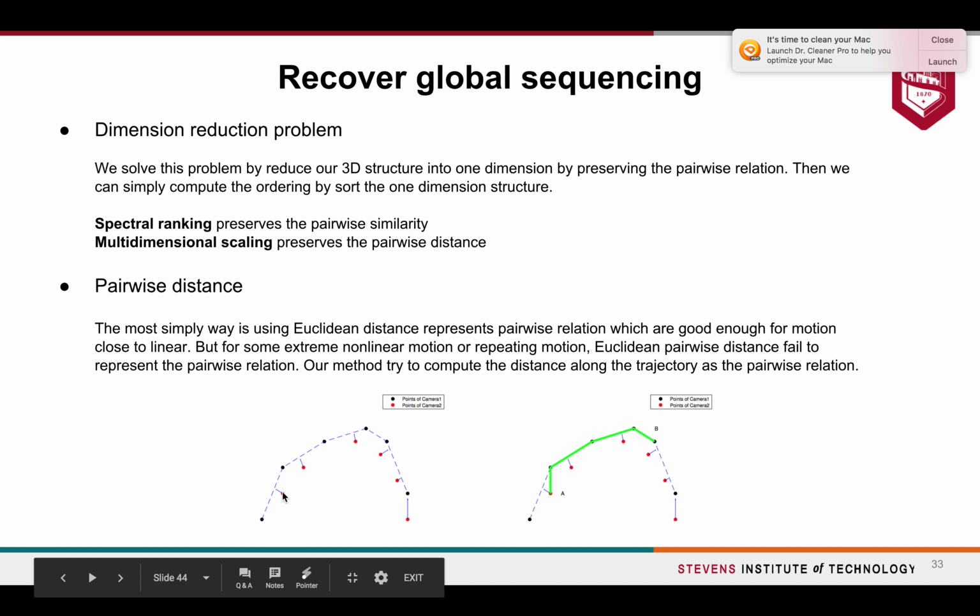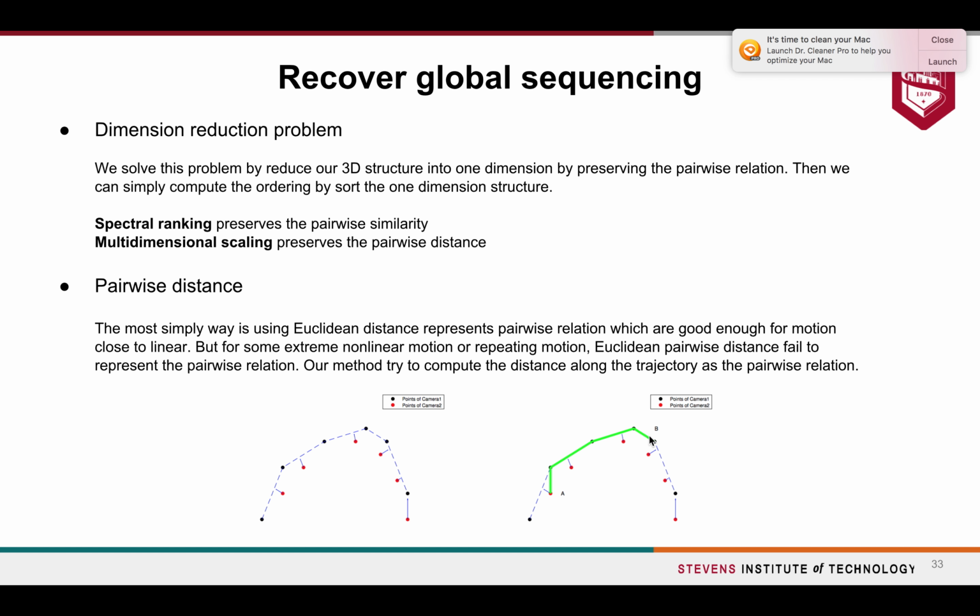And when we find this, we can compute the distance. For example, for A and B, we know the neighboring frame is here, and we can add the distance of this part and the trajectory distance along the frames of camera 1. This will compute all the pairwise distances between different cameras.